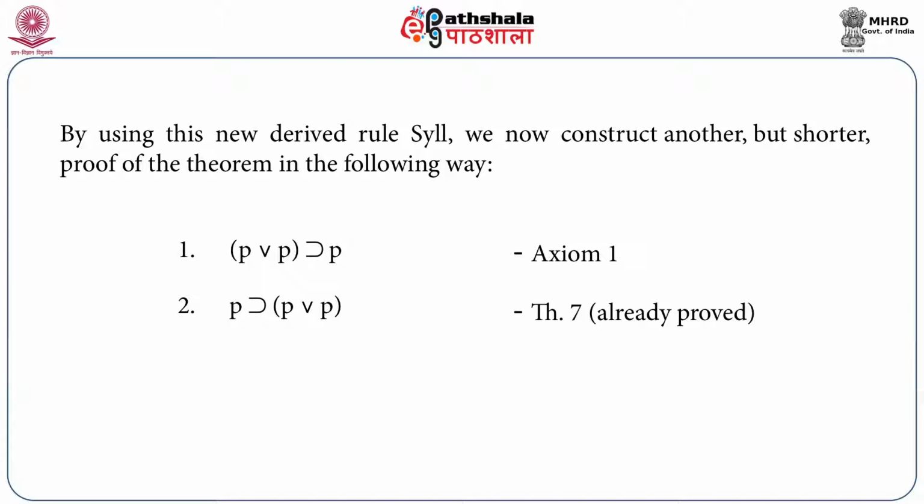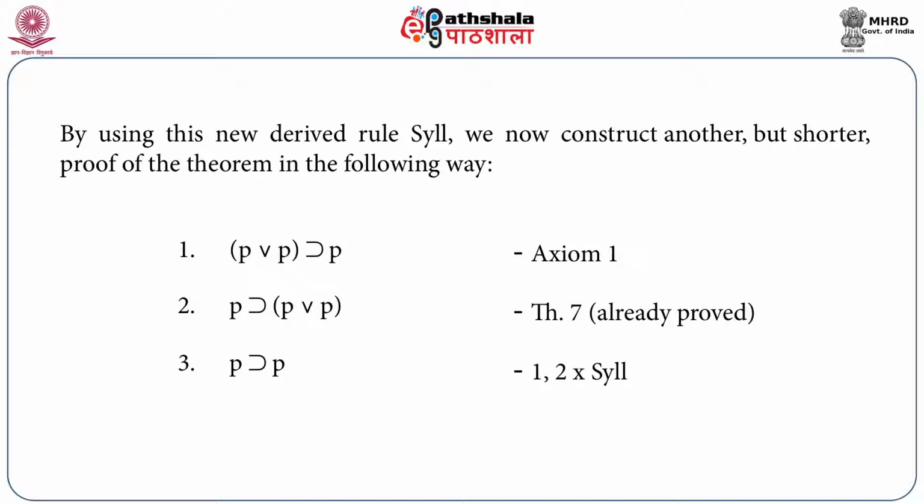And the derived rule says that if beta implies gamma and alpha implies beta, and if these two are proved or they are a thesis, then we can infer alpha implies gamma. And the same structure is here.